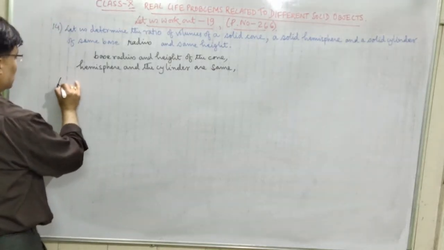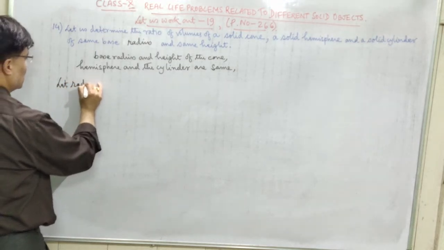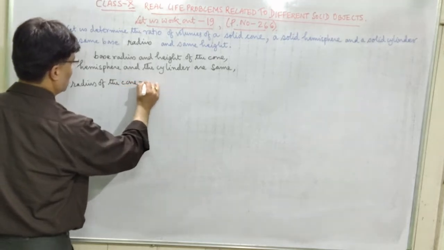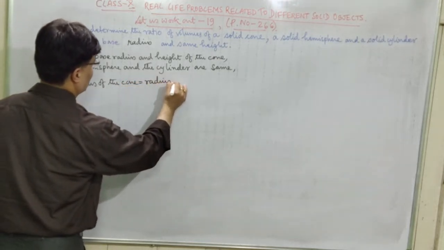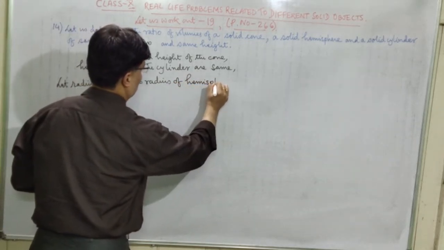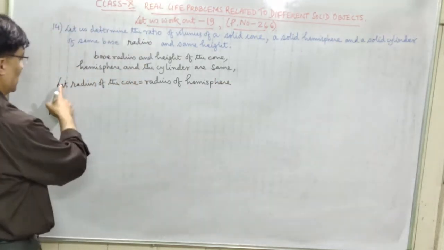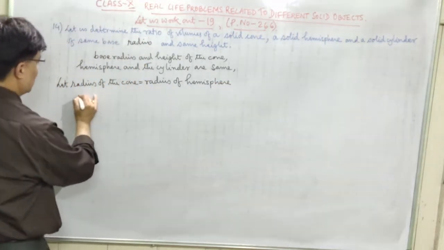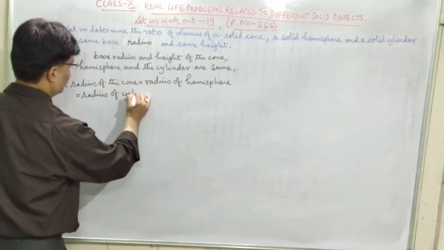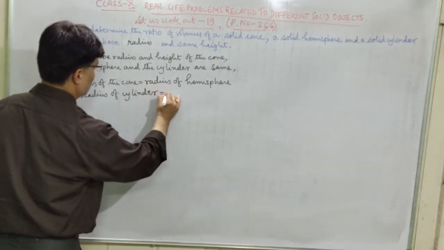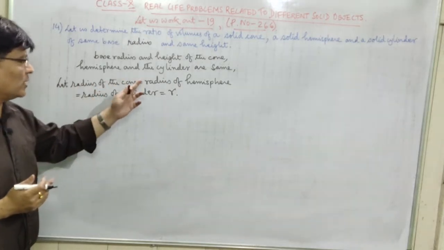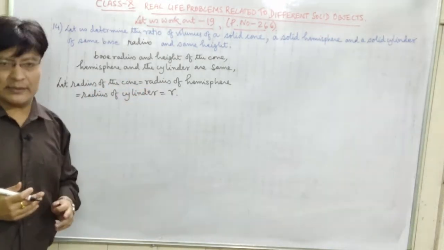So now let radius of the cone is equal to radius of hemisphere is equal to radius of cylinder is equal to r. So we have assumed the radius of the cone is equal to radius of the hemisphere is equal to radius of the cylinder is equal to r.